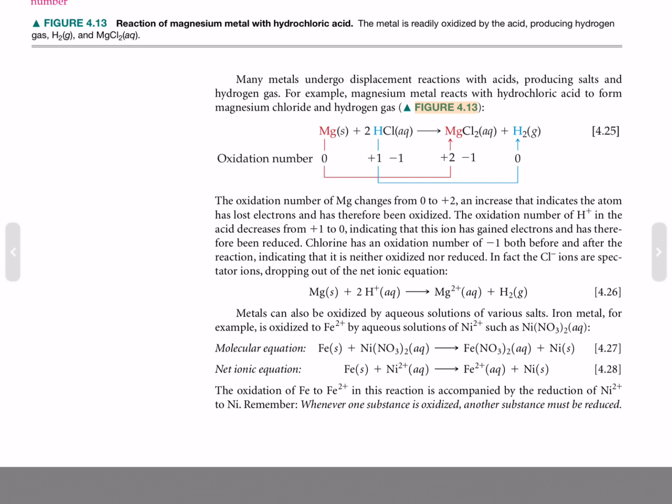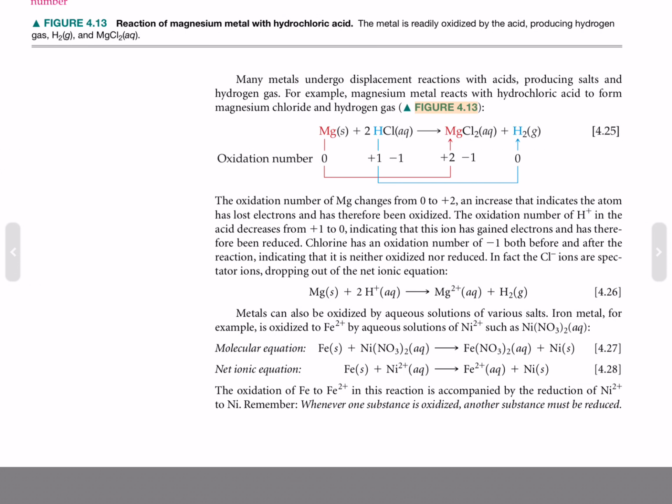The oxidation number of hydrogen ion in the acid decreases from positive 1 to 0, indicating that it has gained electrons and therefore has been reduced. Chlorine has an oxidation number of negative 1 both before and after the reaction, indicating that it is neither oxidized nor reduced. In fact, the chloride ions are spectator ions, dropping out of the net ionic equation.